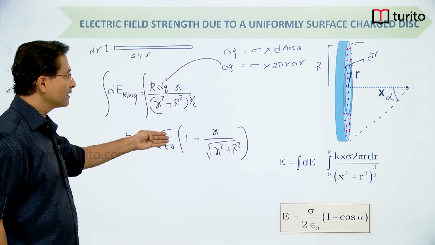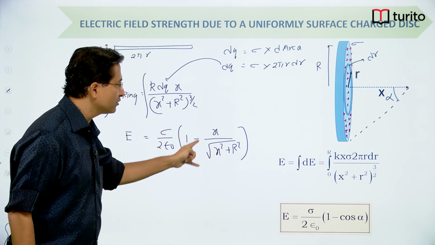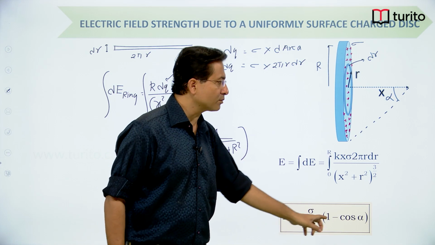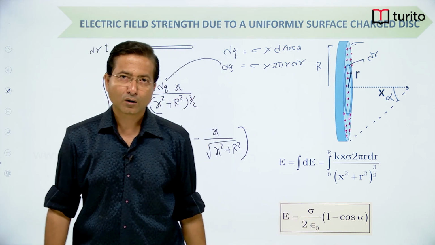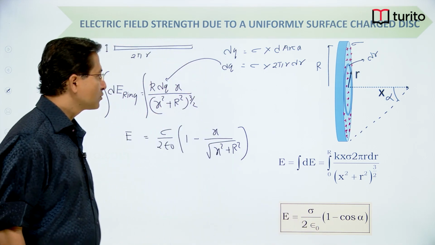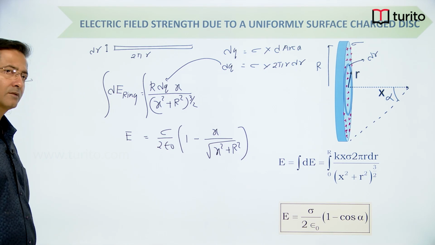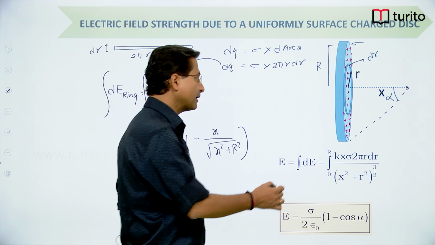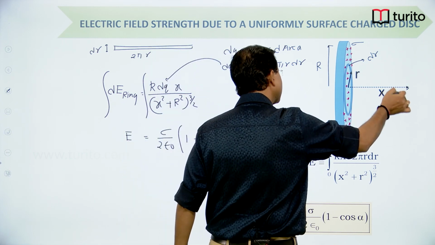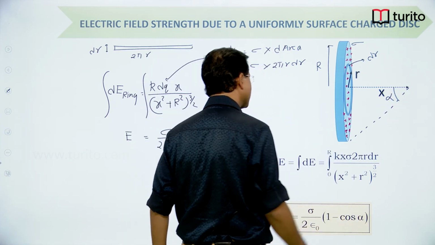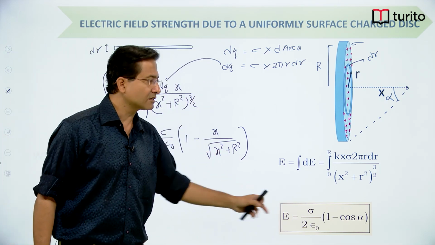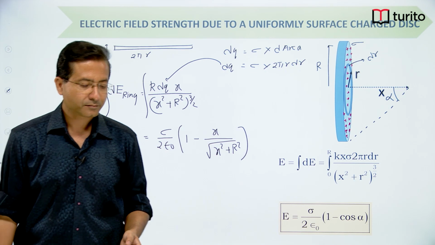If you substitute in terms of alpha, you can write sigma upon 2 epsilon naught times (1 minus cos alpha), right. So, this is the field produced by a disk, easy to remember. Join this periphery to this particular point, this angle will be alpha, and we write 1 minus cos alpha. Instead of remembering the long expression, it is easy to remember this one, right.